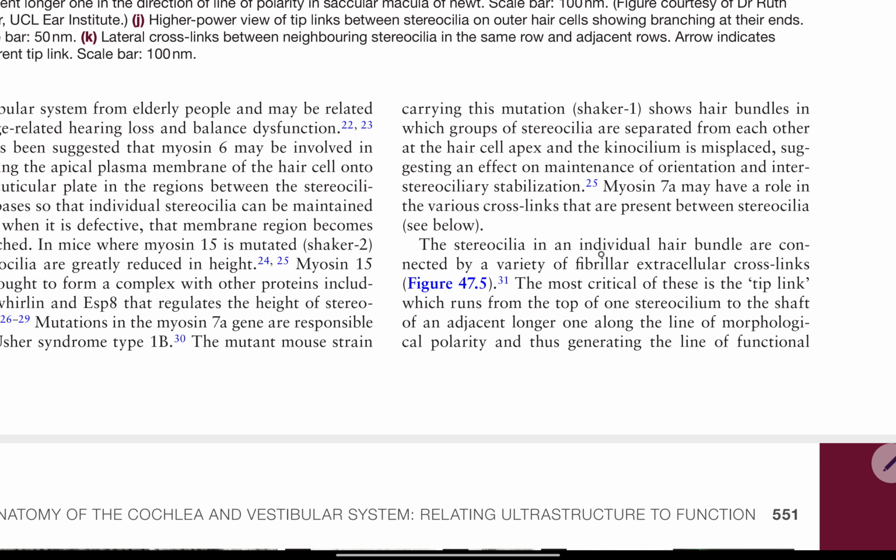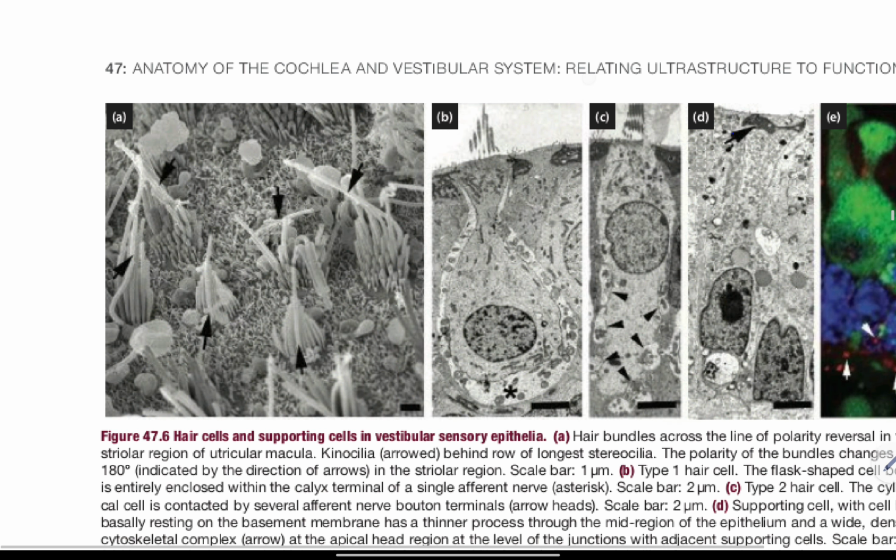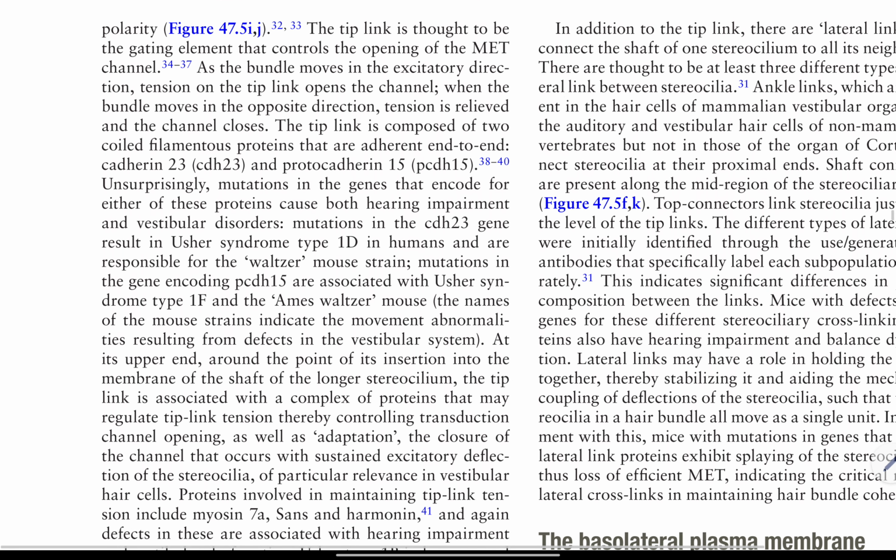The stereocilia in an individual hair bundle are connected by a variety of fibrillary extracellular crosslinks. The most critical of these is the tip link, which runs from the top of one stereocilium to the shaft of an adjacent longer one along the line of morphological polarity, and thus generating the line of functional polarity.